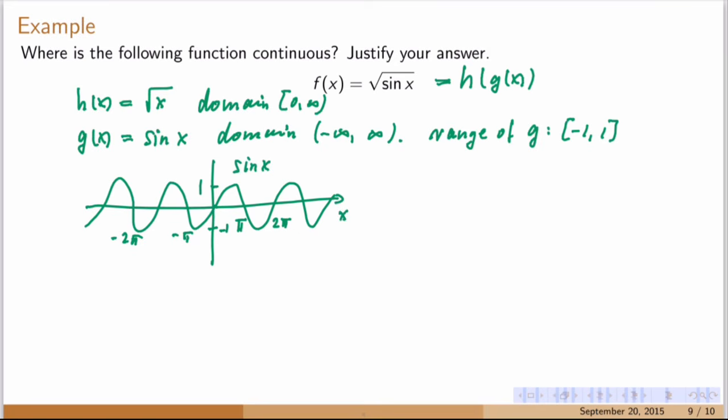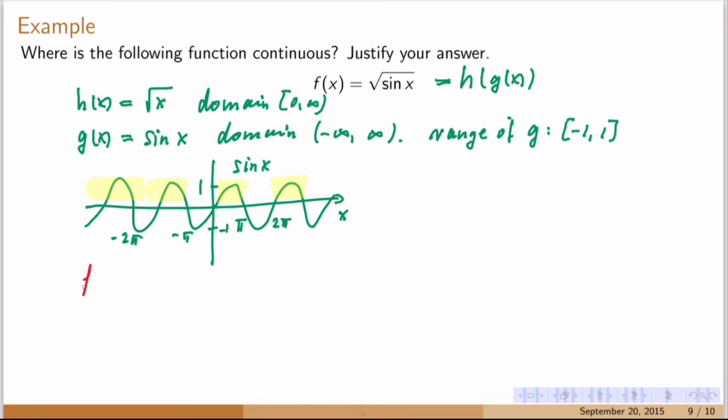Well, and then you clearly see where the function is positive. It is positive here, and here, and here, and here. And so these are the bits which we are allowed to substitute into the function h. Then the domain of the composite function will be a union of all those highlighted yellow pieces.